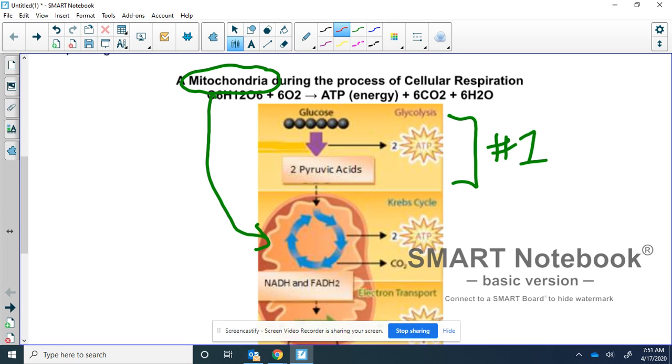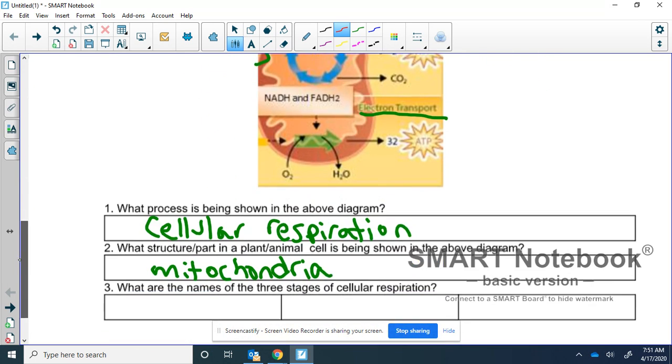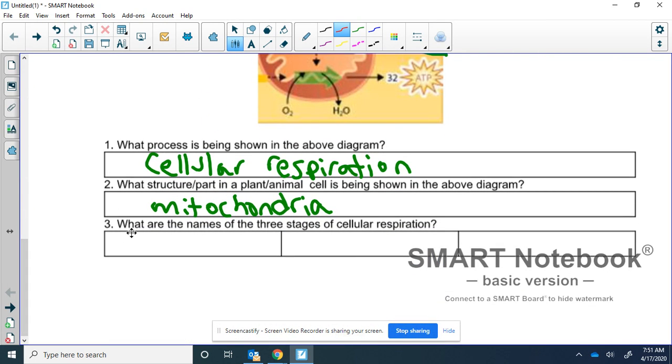Okay. The next question was, what is the name of the 3 stages? And the names are right here: glycolysis, Krebs cycle, and the electron transport. So for question number 3, what are the names of the 3 stages? We got glycolysis, which means simply to break sugar. Sugar is called glucose. We got the Krebs cycle. I'm not really sure why it's called the Krebs cycle, probably named after the scientist that discovered it.